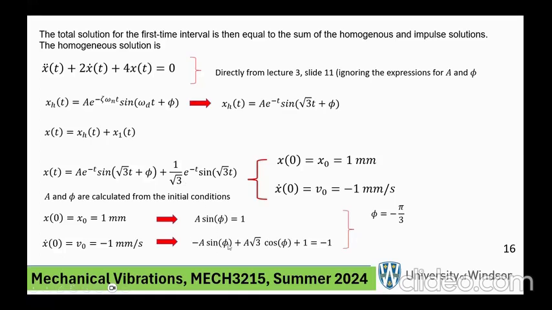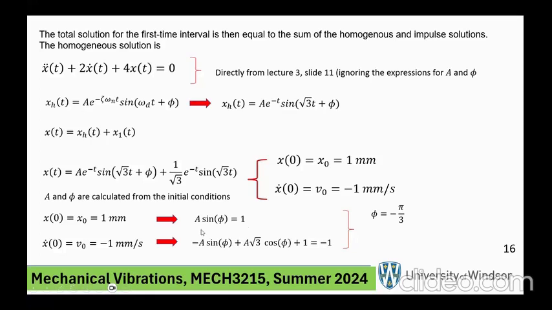You find A out of this, plug it in the second one. A sine of phi is 1. So notice that we're going to get A square root of 3 cosine of phi, this thing from the line above it is 1, so minus 1. If you find A out of that, you're going to get 1 over sine of phi, right?